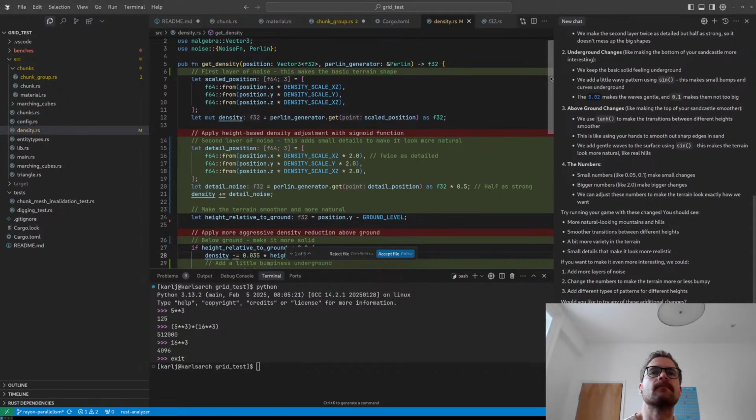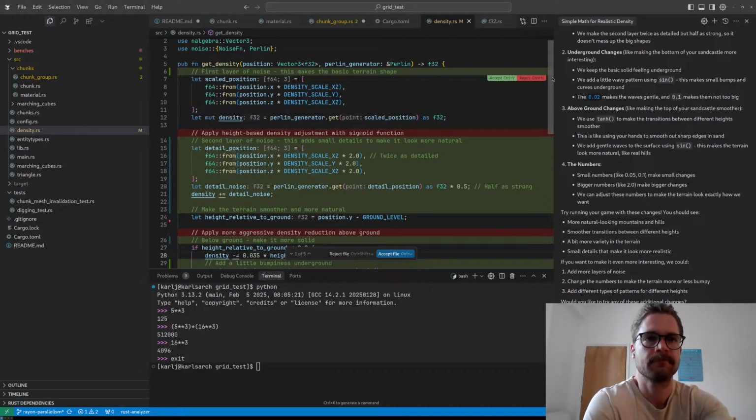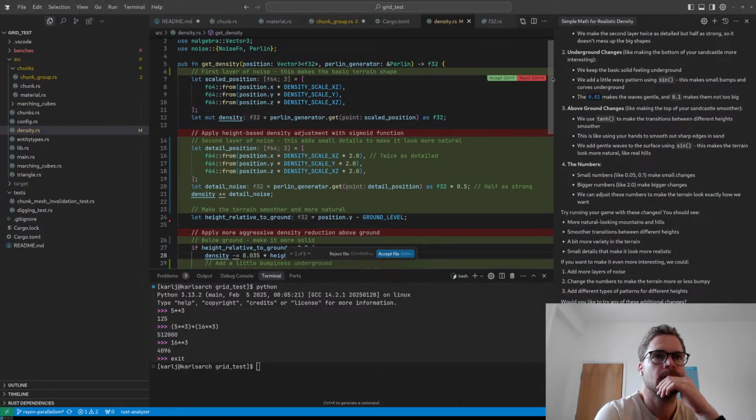Okay, first layer of noise, second layer of noise, small details to make it look more natural. Yeah, this is good.